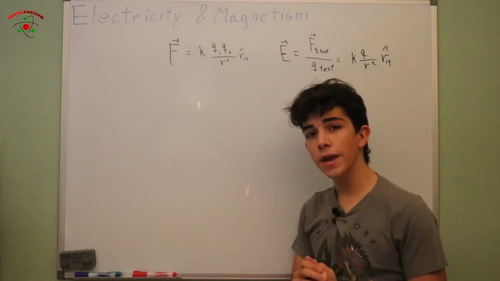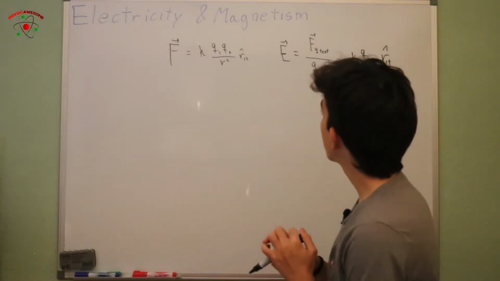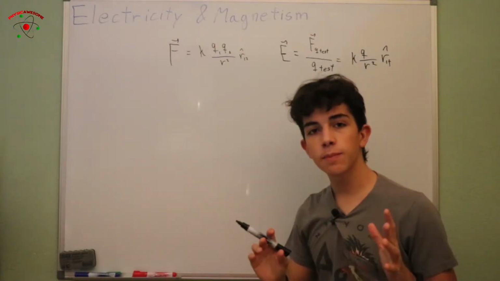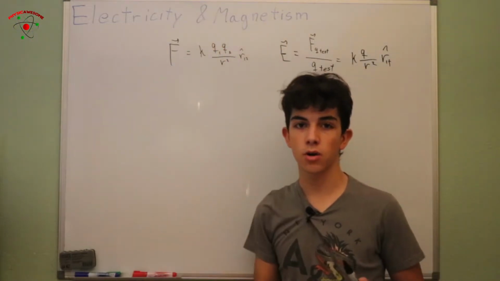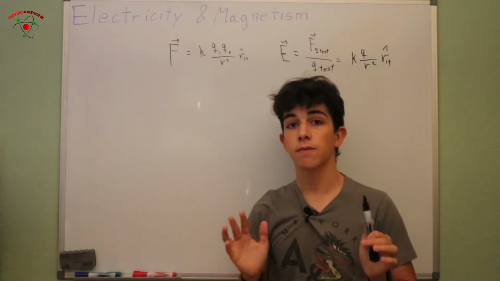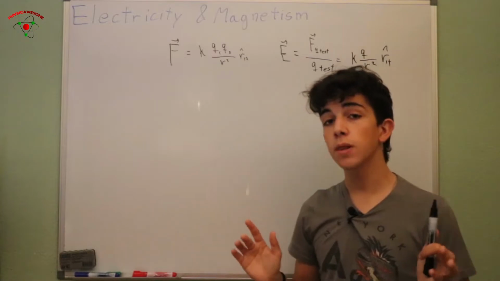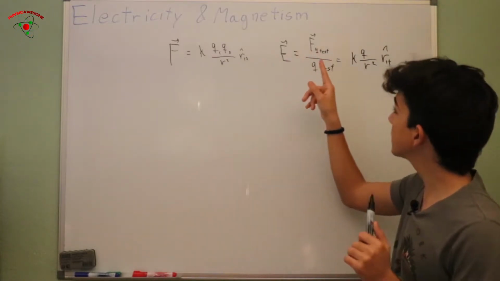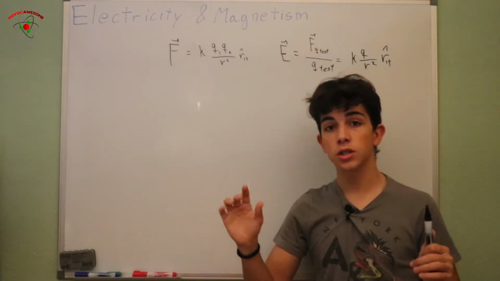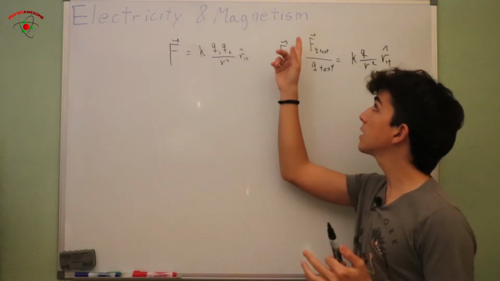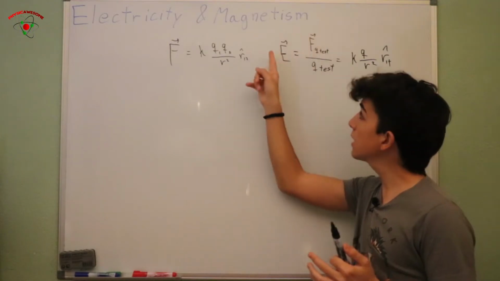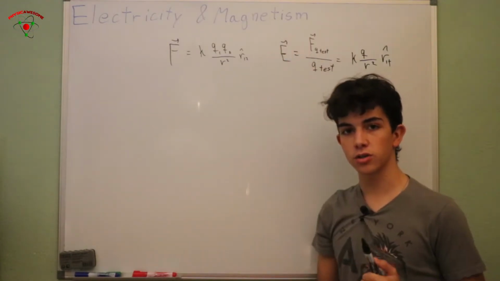In that way, we are going to have an expression that helps us find how a single charge modifies its environment, so that everything we have left to do is multiply this electric field by the charge that we are interested in knowing how it will behave. And by doing that, we will get how much force the electric field is going to exert on that charge.